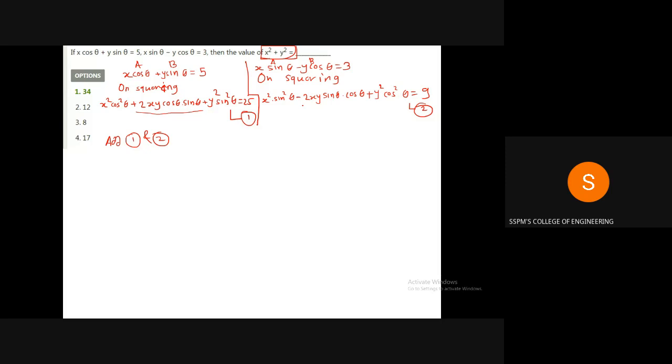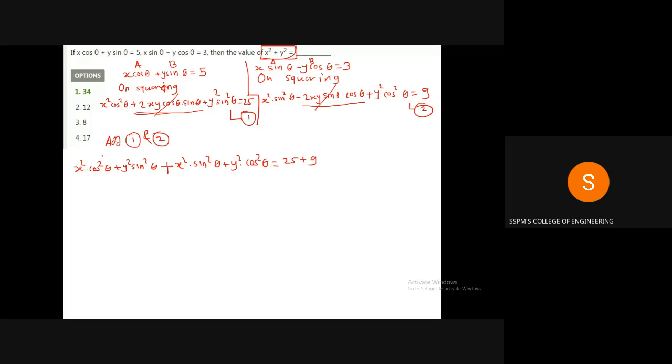So we will get x square cos square theta plus y square sin square theta plus x square sin square theta plus y square cos square theta is equal to 25 plus 9. These two terms get cancelled while adding.